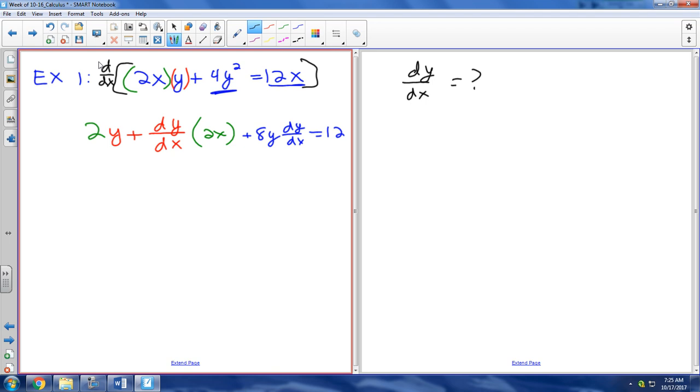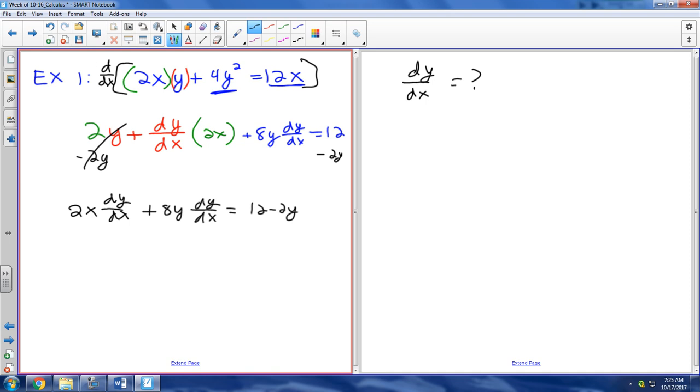So move some stuff around. If we subtract the 2y, we now have 2x dy dx plus 8y dy dx equals 12 minus 2y.